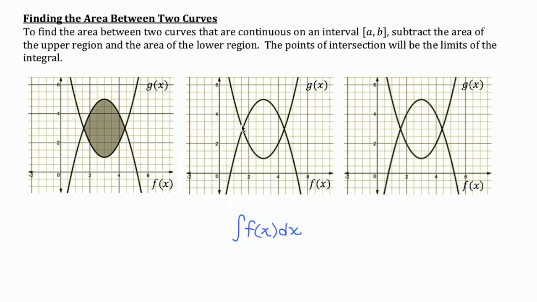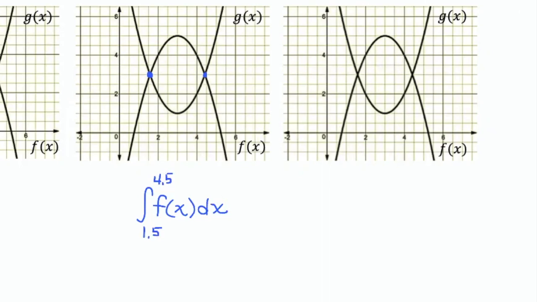And specifically, I'd like to go from this intersection point, which is actually located at 1.5, if you pay attention to the scale, all the way to this intersection point, which is at 4.5. That integral is just the area under that particular function, and function f of x is right here. So it's this blue area.